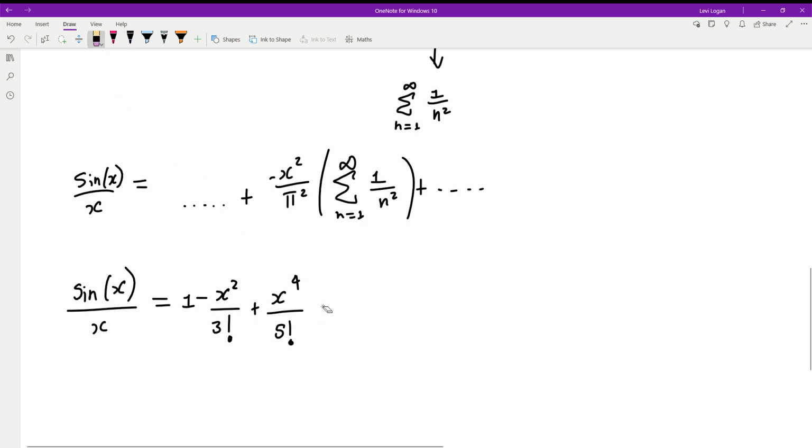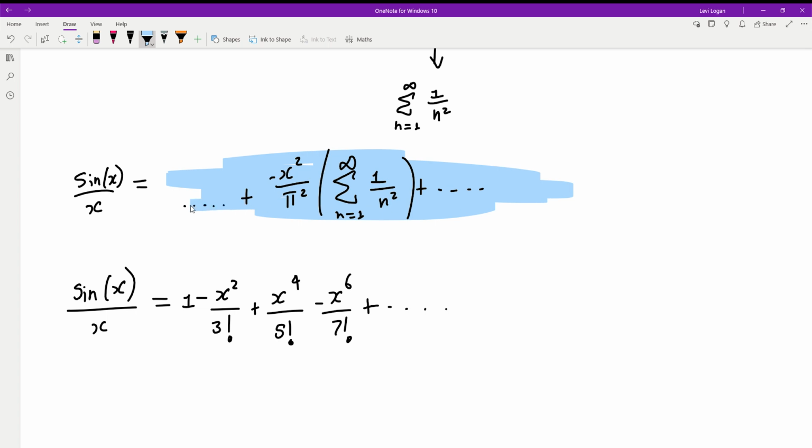Minus, it would be minus 6 pi on 7 factorial. Yep. So we agree that sine x on x is still equal to this from our terms up before. So that means this entire infinite polynomial that we have here should be equal to all of this.